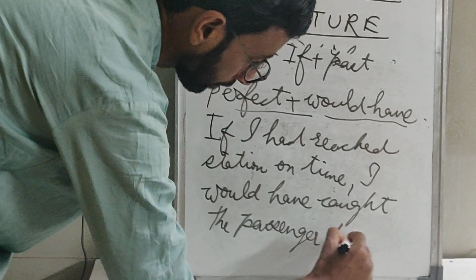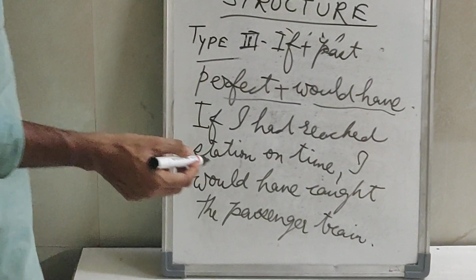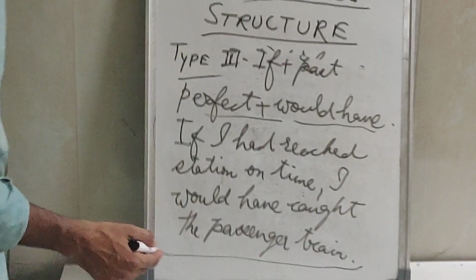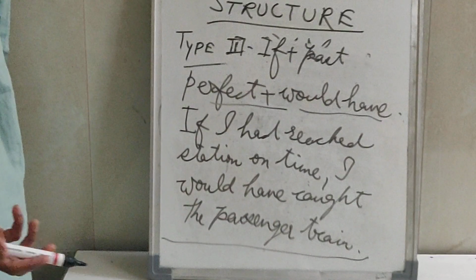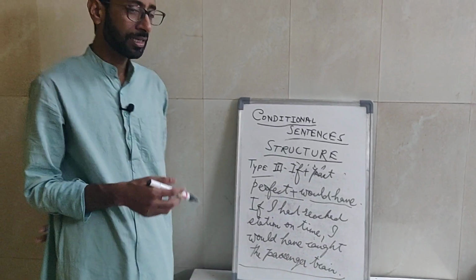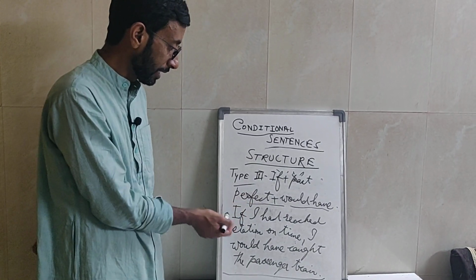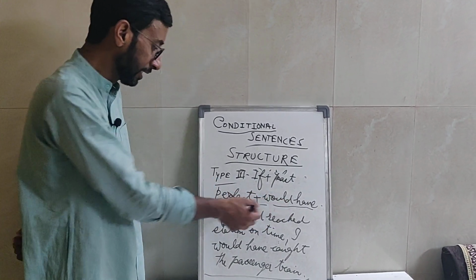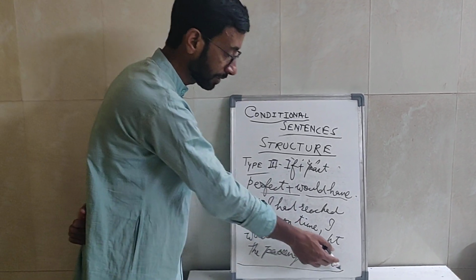So this is now an impossible type of conditional sentence or situation. Why? Because the train has left the station and the passenger cannot do anything about it. But just to describe that impossible condition, the speaker is just saying that if he had reached the station on time, he would have caught the passenger train.